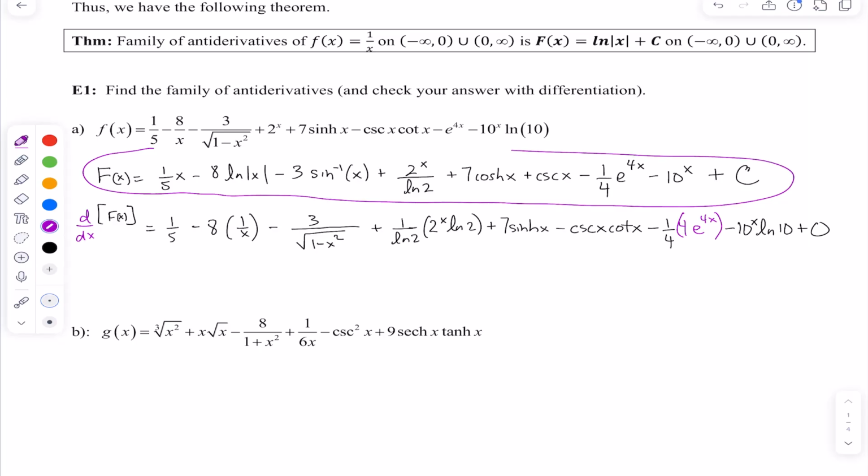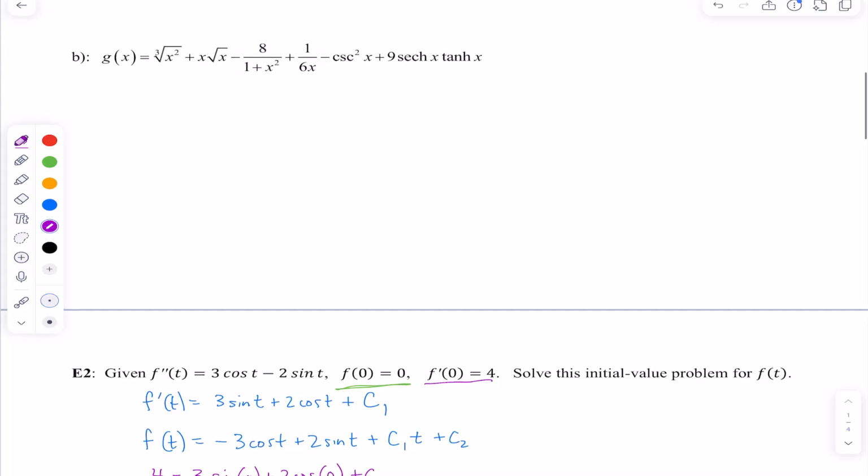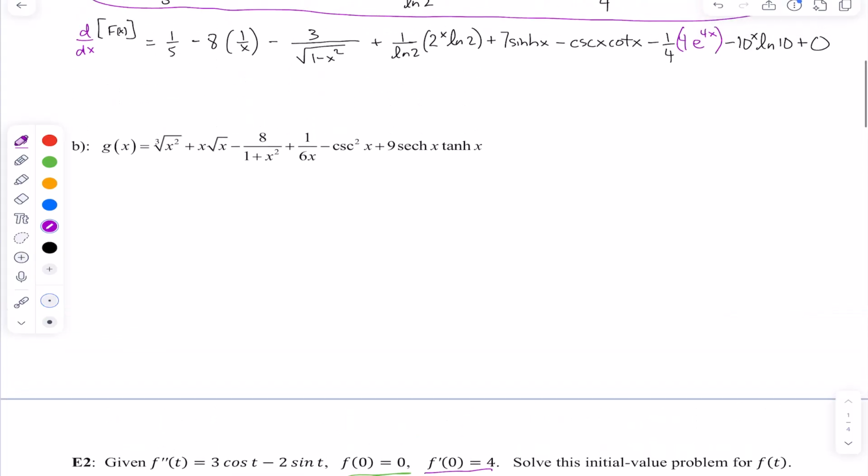Why don't we look at another example here? Let's try to find the family of antiderivatives for this particular function. We'll use capital G of x. Oh, before I begin though, let's change lowercase g of x to something more familiar.